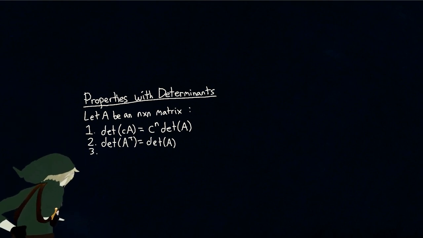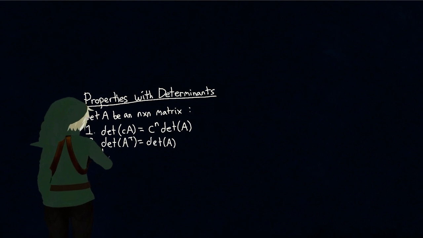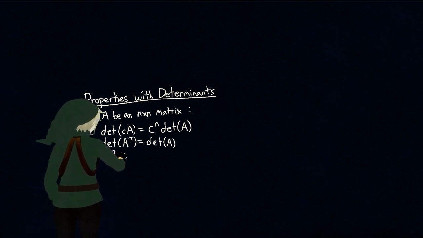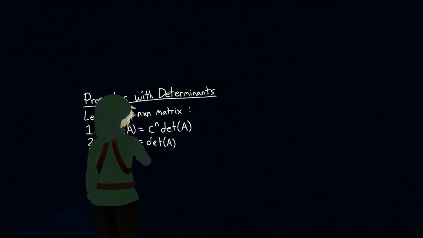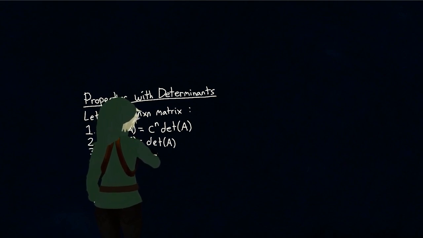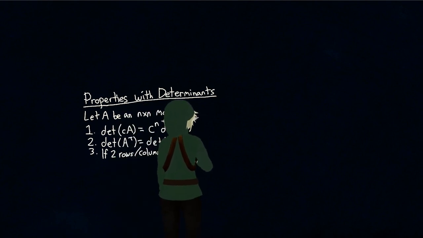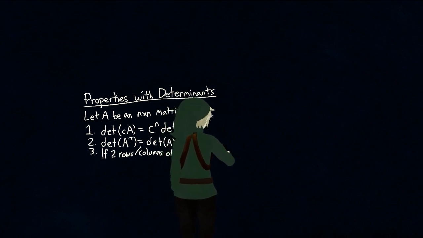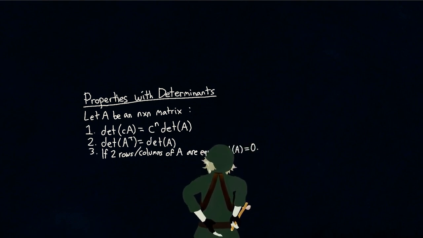Okay? Number 3. If two rows or columns of A are equal, then the determinant is equal to 0.